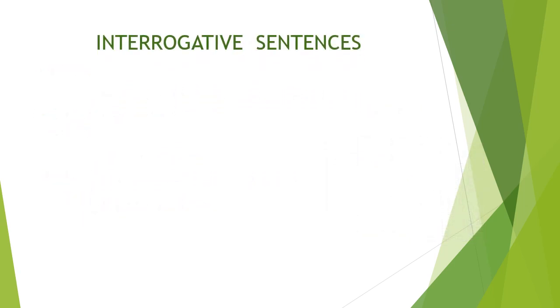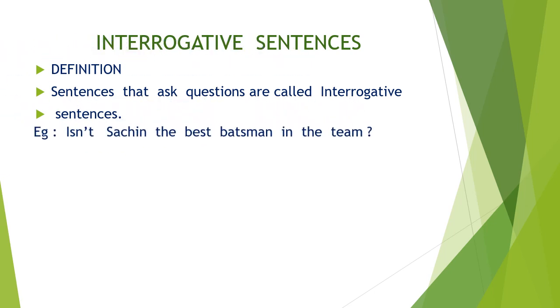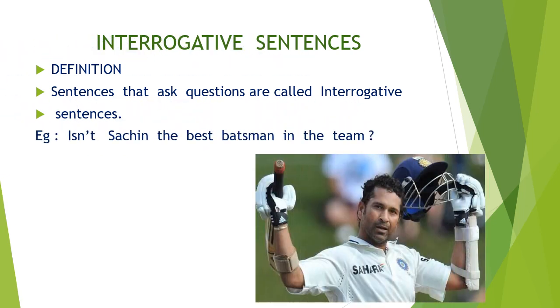To the third kind of sentence, and that is interrogative sentences. What are interrogative sentences? Sentences that ask questions are called interrogative sentences. For example, isn't Sachin the best batsman in the team?